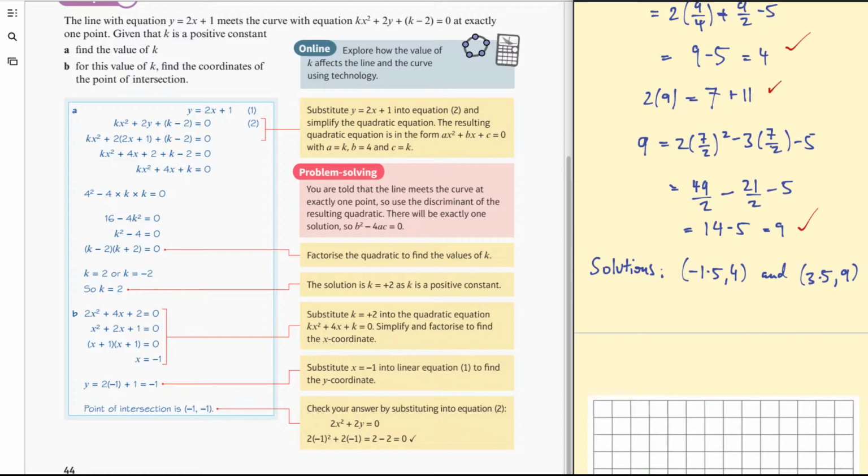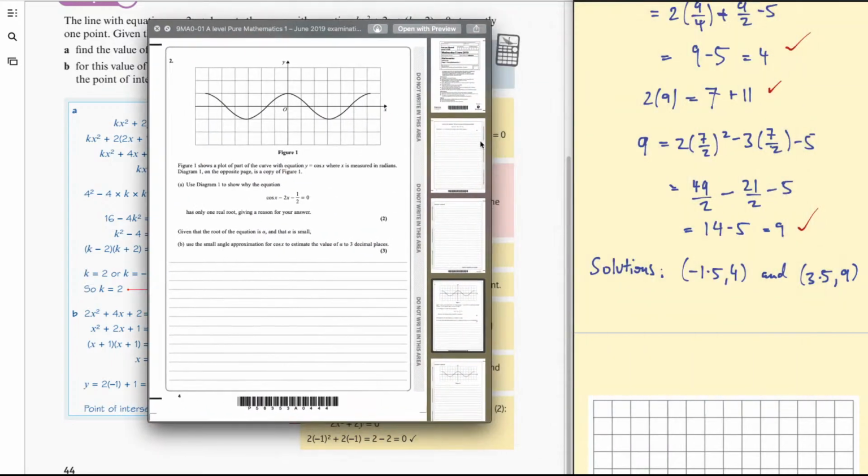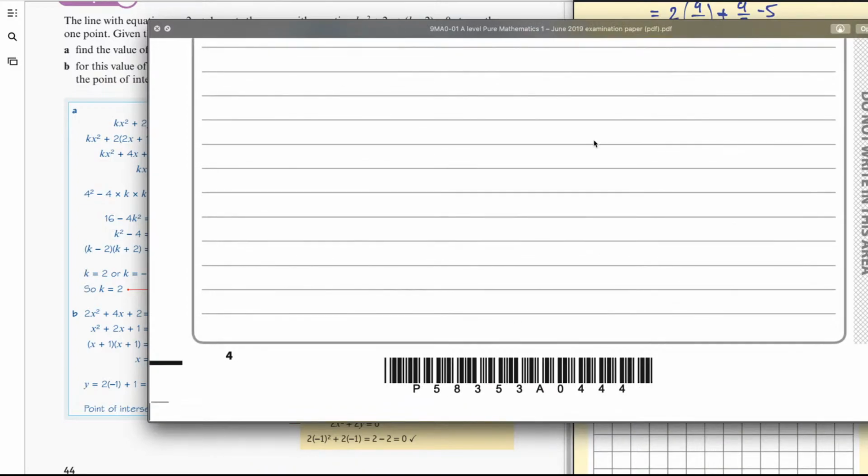Alrighty. Okay. Alright, I'll use this question as an example.